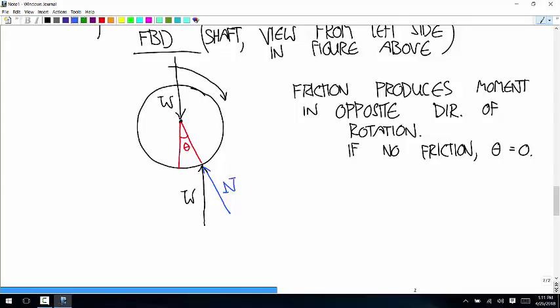And we know that the friction force is parallel to the surface. These two are perpendicular. And what's the magnitude of that friction force? Yep, that's right. That's mu times the normal.